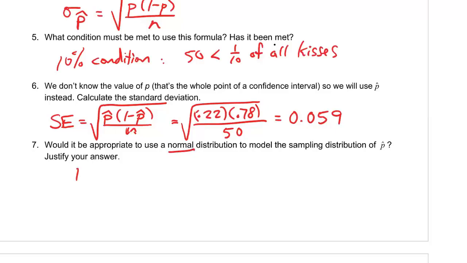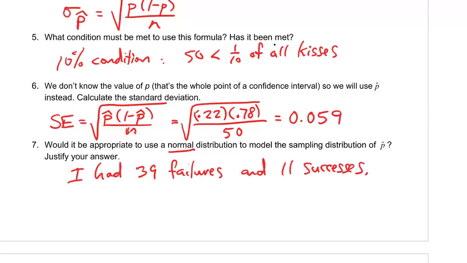Yes, I had 39, we would call those failures, those poor little kisses on their side, and 11 successes. So that means this will work. Let me write that down: each greater than or equal to 10. Okay, do you have any questions so far?